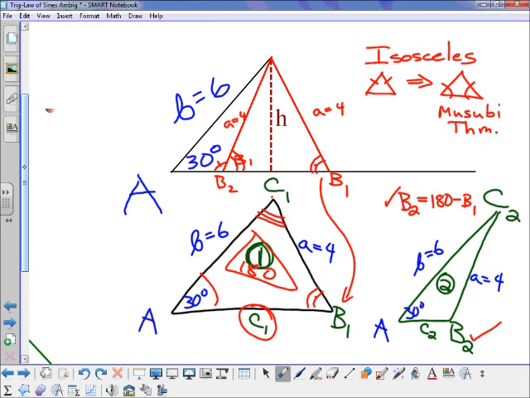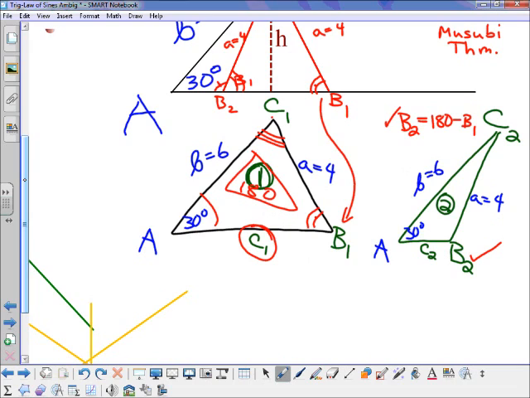Now we'd have to do triangle 2. Well, we already said B2 we're going to calculate by going 180 minus B1. Notice again, once we get B2, we know 2 out of the 3 angles, so we can calculate C2 by subtracting the sum of A and B2 from 180 to get C2.